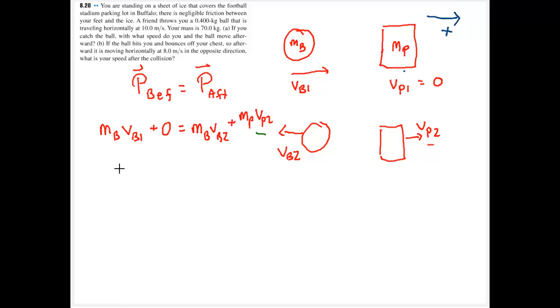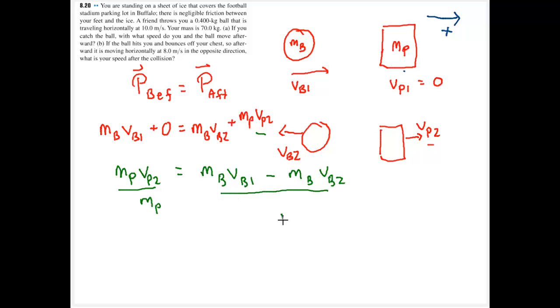The mass of the person multiplied by the velocity of the person at 2 must be equal to the mass of the ball times the initial velocity of the ball, minus the mass of the ball times the final velocity of the ball. I'm going to divide both sides by the mass of the person, and these will cancel out.